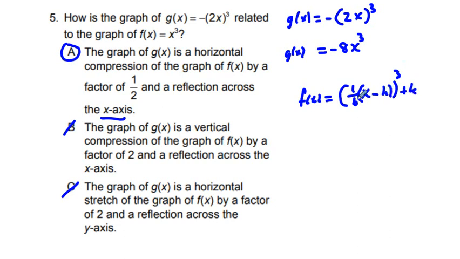In this case, if you have b being 1/2, 1 divided by 1/2 is 2. So that's why you're compressing horizontally by a factor of 1/2, because if b is 1/2, then that is 2, like in the original.